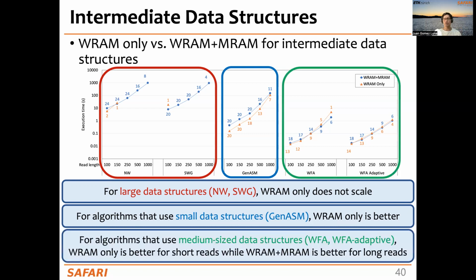For algorithms that use medium-sized data structures, and that's the case of the two versions of WFA, WRAM only is better for short reads, while WRAM plus MRAM is better for long reads, because with this approach, we can run more PIM threads in the same core and make better use of the available resources in the pipeline.